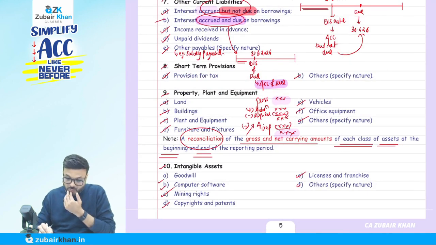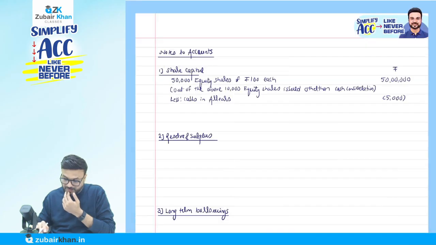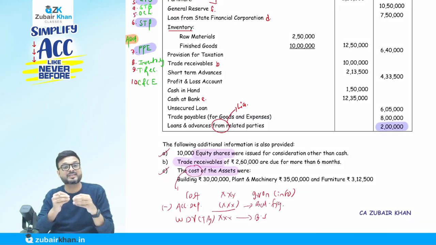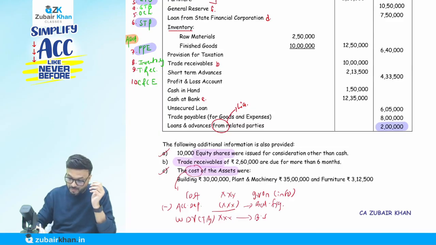If they give us the total cost, I will mention it when I prepare the notes to account: this much was the total cost, this is the WDV, and this will automatically come as a balancing figure. This is just for information purposes.